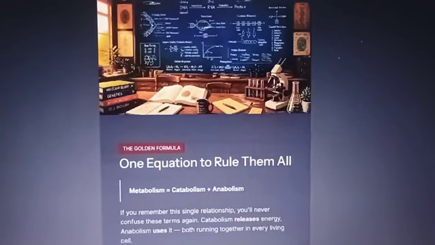So there is one more formula to remember this, and it is very easy and simple, and that is metabolism is equal to catabolism plus anabolism. Now, if you understand this single relationship, you will never be confused between the terms again. Okay?